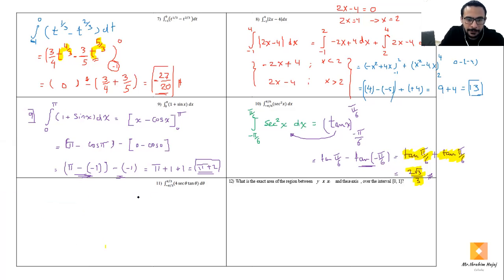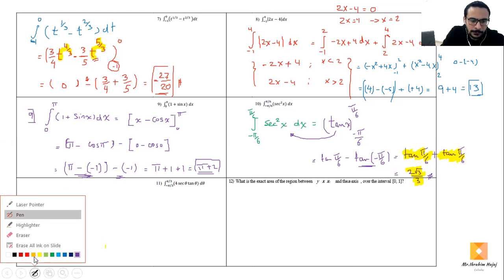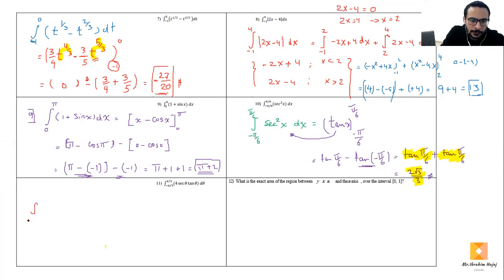The next question, we have the integral from negative pi over 3 to pi over 3 of 4 sec theta tan theta d theta. The 4 is a constant, so we can write it outside, and sec theta tan theta d theta. What's the derivative of sec?